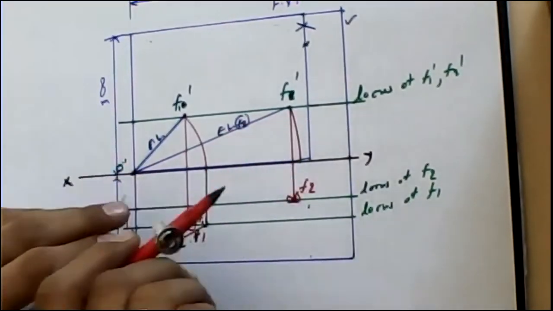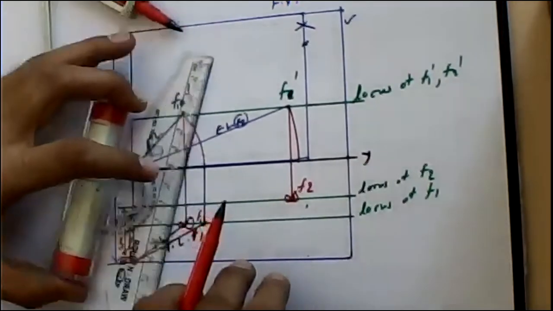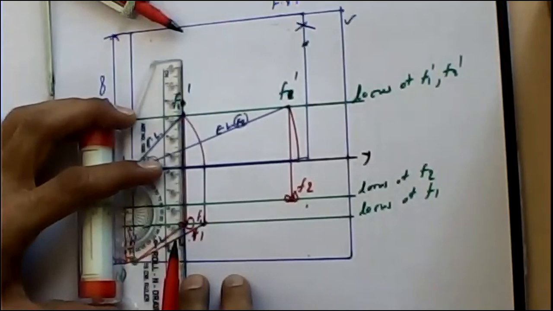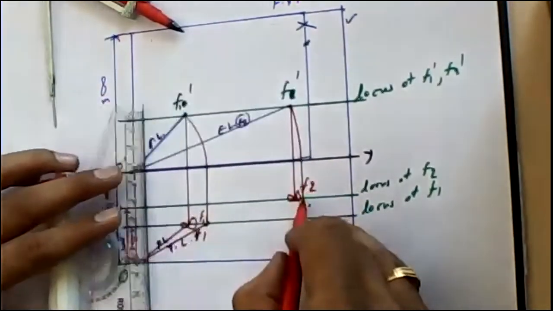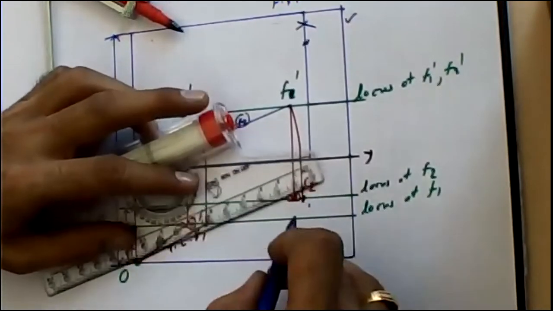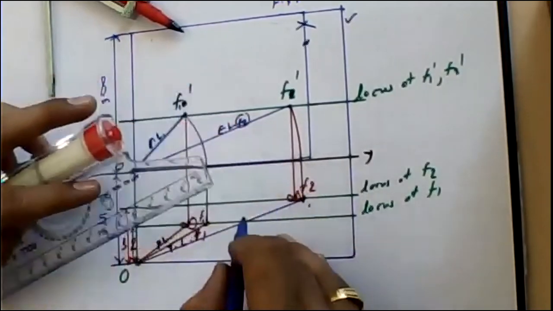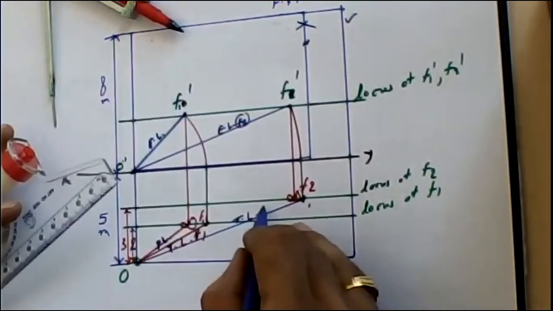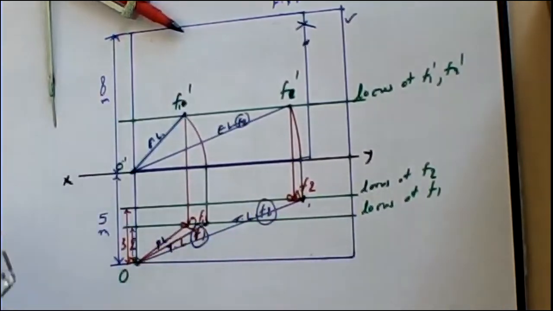We'll draft an arc first and then we'll be drafting this straight line which will intersect over here, and this particular line OF2 is going to give us the true length for F2. So we have found true length for F1 also and true length for F2 also.